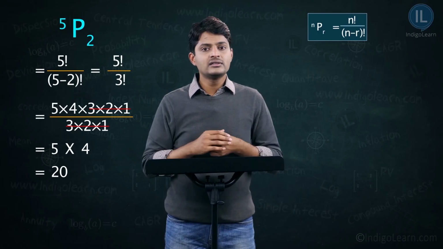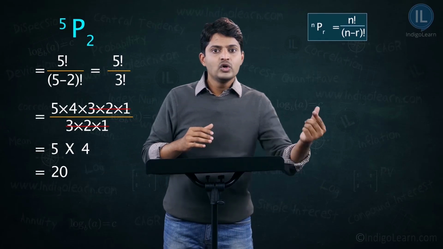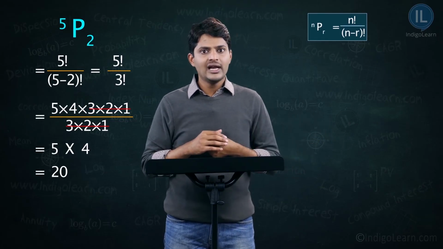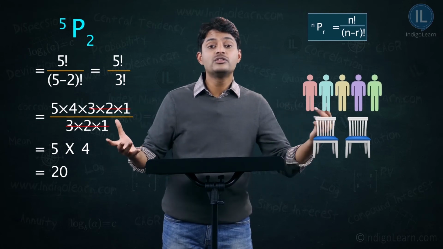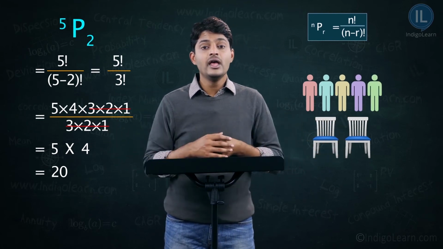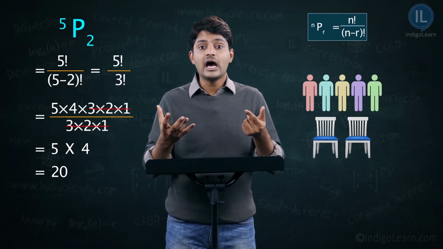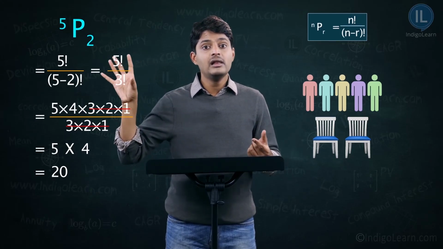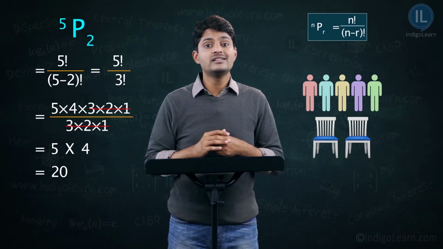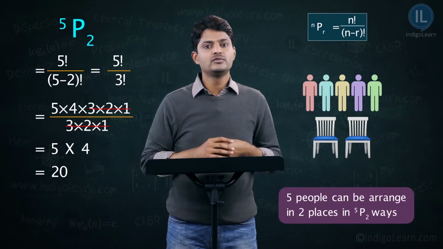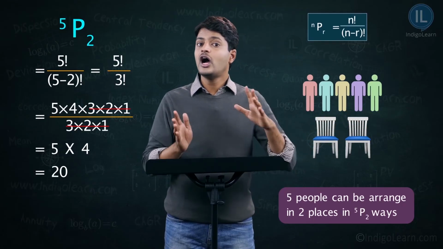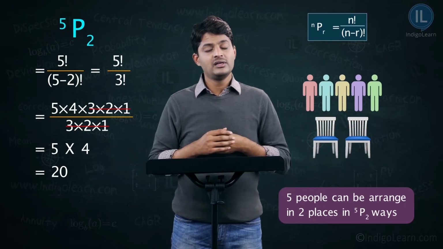Or in other words, if I have 2 positions to be filled and I have 5 different people trying to sit in those 2 positions, the number of ways in which I can arrange 5 people in 2 different positions is nothing but 5p2, which is nothing but 20. So you can just manually check how this 20 is possible, correct?